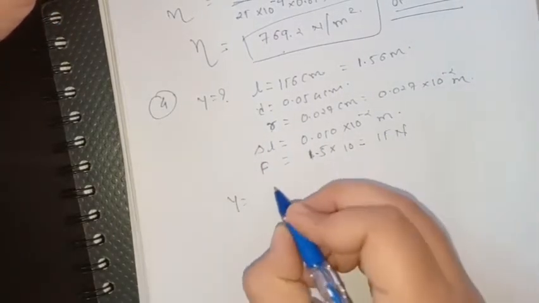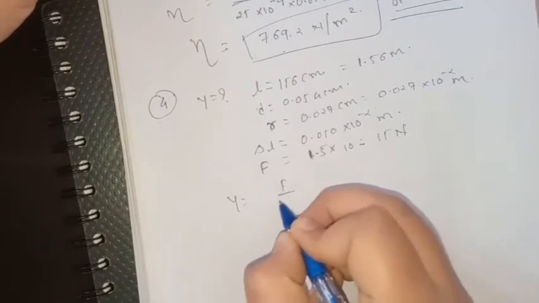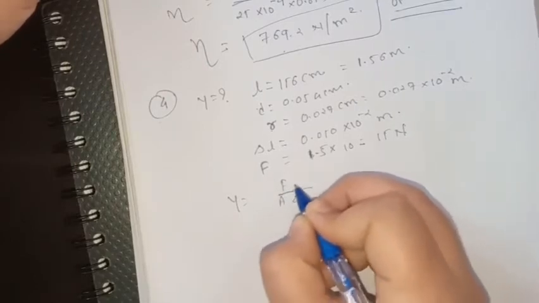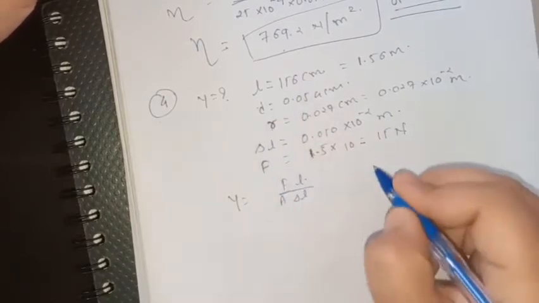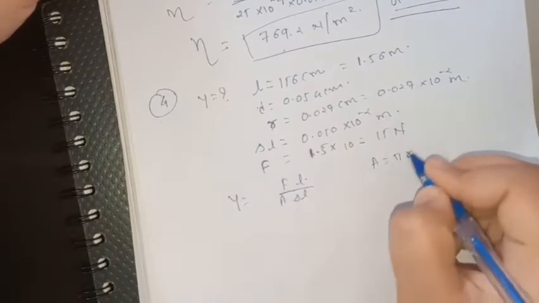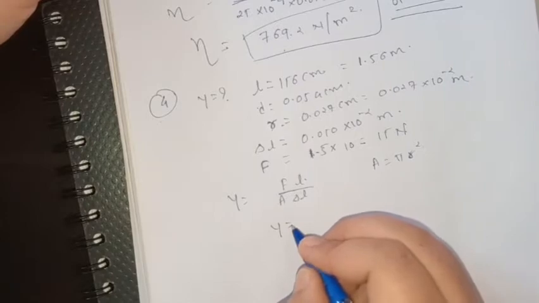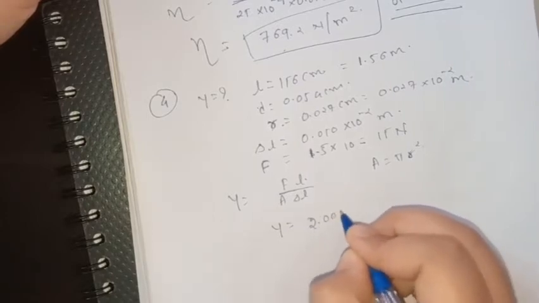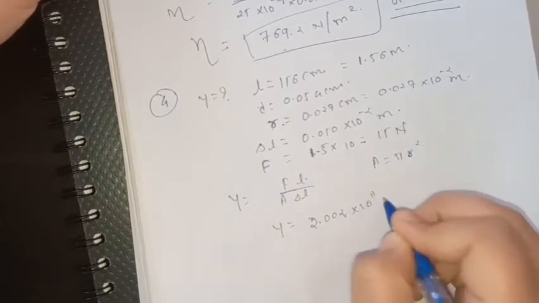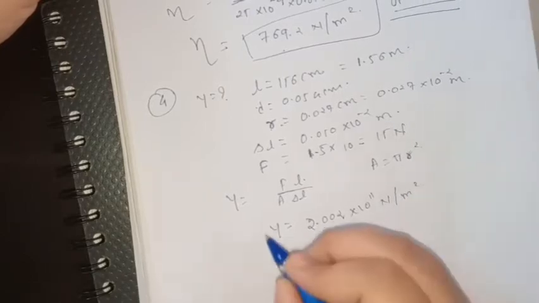Young's modulus can be written as F by A to delta L by L. A can be written as pi r square. R is given over here. Find the value. We will get Y is equals to 2.002 into 10 power 11 Newton per meter square.